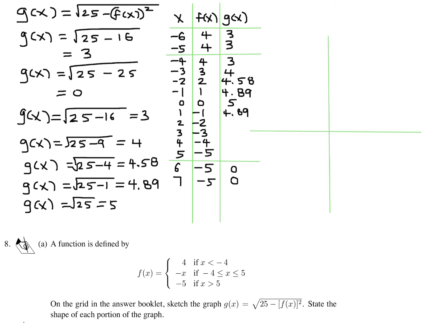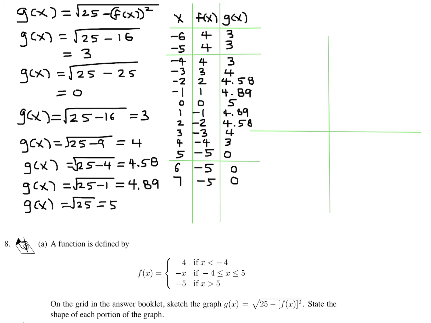And for negative 2, it's the same as 2. And for negative 3, it's the same as 3. For negative 4, it's the same as 4. And for negative 5, it is the same as these guys, which we just did, 0.